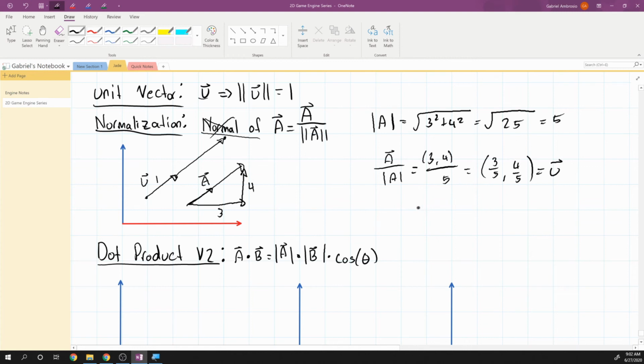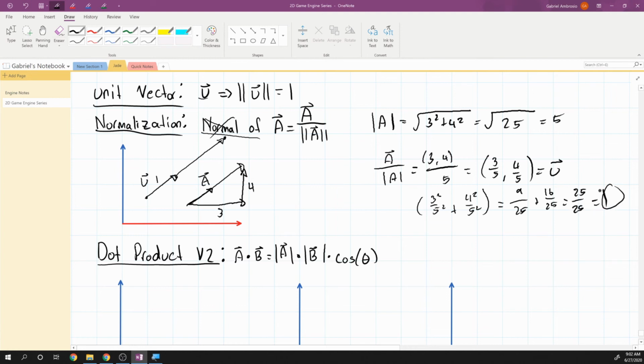And we can confirm that because if we do 3 squared over 5 squared plus 4 squared over 5 squared, which is just the length, we would get, or no, we would get 9, not 9 squared. 3 squared is 9 over 25 plus 4 squared is 16 over 25, which is 25 over 25, which is 1.